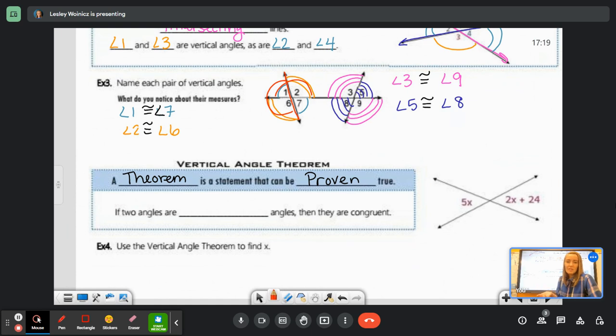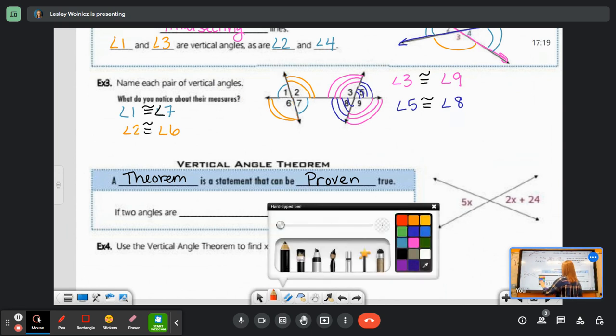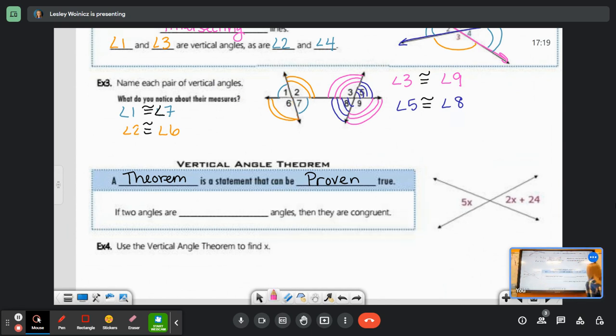So 2 and 6 have to have the same measure to add up to 180 if you're combining them with 1. That's essentially how the proof goes. All right, if two angles are vertical angles, then they are congruent.